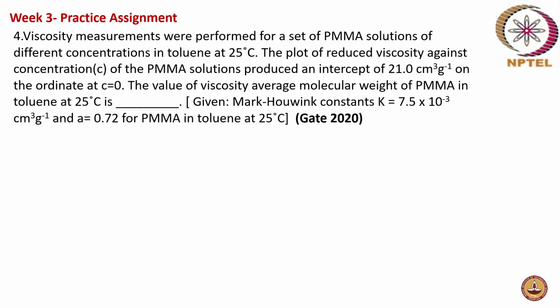They have also given Mark-Houwink constants K equal to 7.5 x 10^-3 cm³ per gram and a equal to 0.72 for PMMA in toluene at 25 degrees centigrade. So this is a GATE 2020 question. They have asked for viscosity average molecular weight, correct?